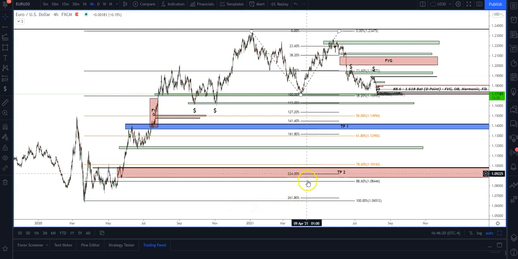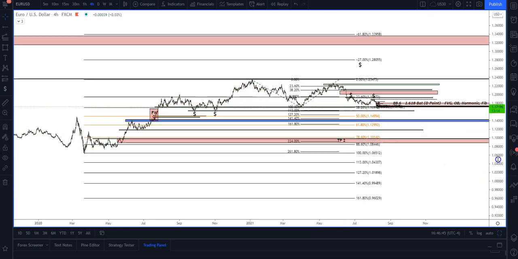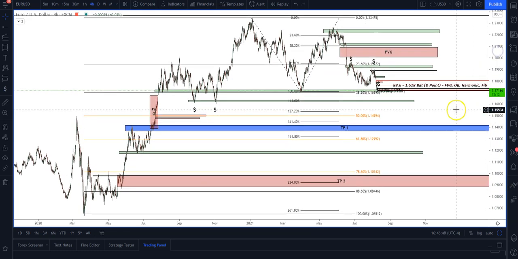So all of this right here is a point of interest. But because this is an 88.6 right here, this is an actual point of interest. So this would complete a bat if it goes down here. Now, if it's a crab, it's a 161.8. It's going all the way down here if it's a crab, which I don't think is what it's going to do.